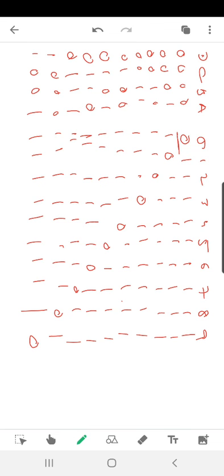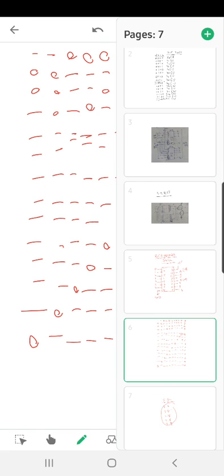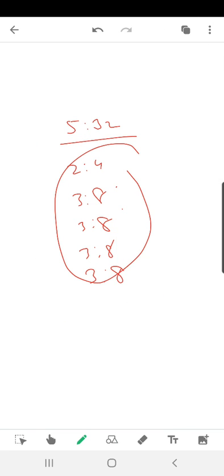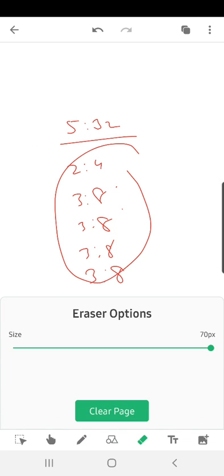So for 0 we will have the expression D plus C plus B plus A.